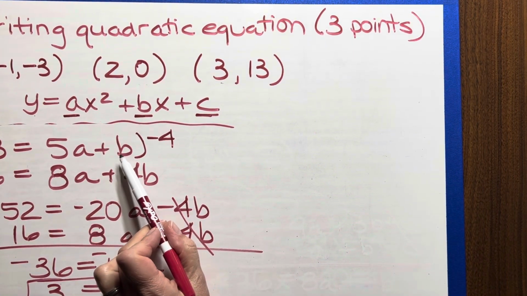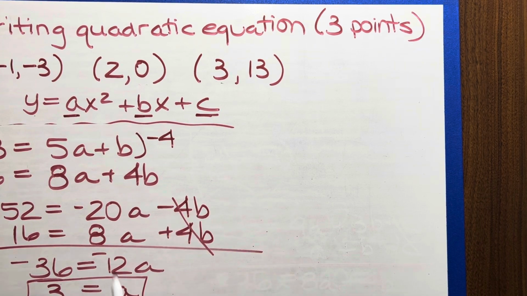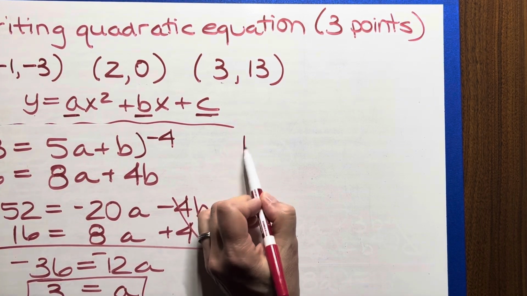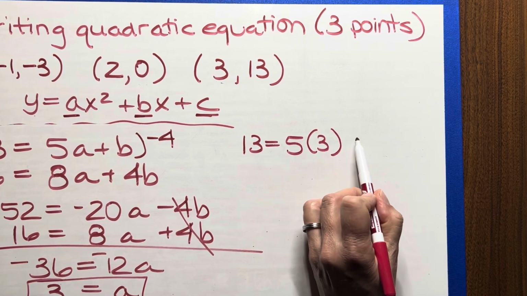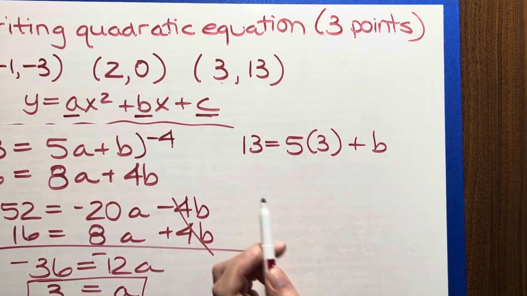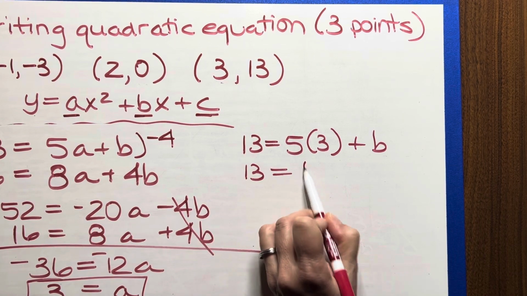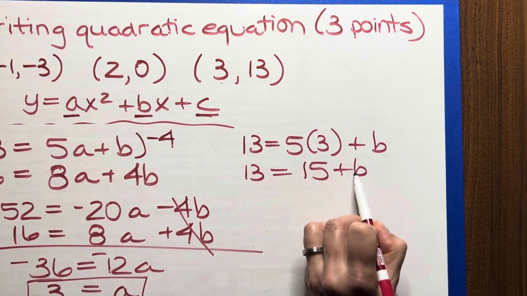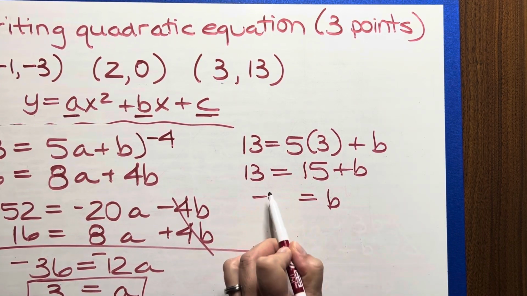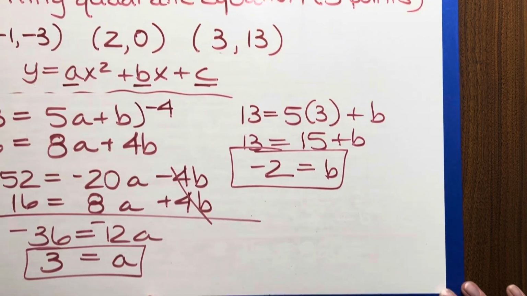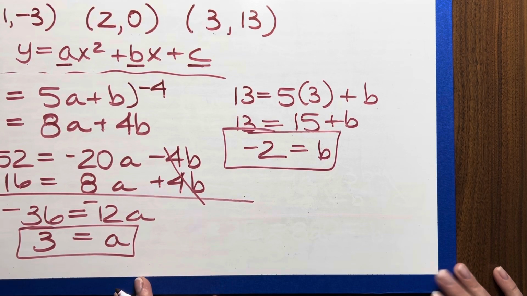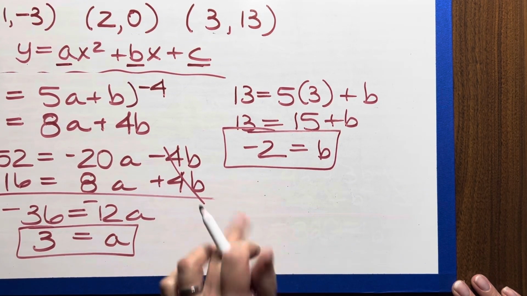Let's go back to one of these equations and substitute in our a, and we'll find our b value. So 13 equals 5 times 3 plus b. So 13 equals 15 plus b. If I subtract 15, I get my b value is -2. I just have one more left. So let's go back to one of our original equations.